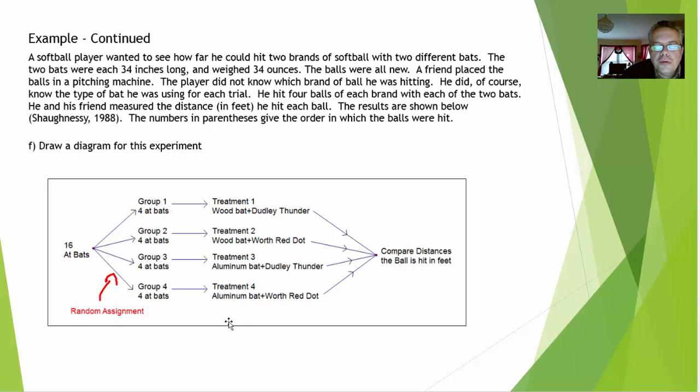So there are 4 treatment groups like we laid out earlier. 2 with the wood bat using the 2 different balls, and 2 with the aluminum bat using the 2 different balls. So we randomly assigned which pitch was going to be used. Okay, and then at the end, we would compare the different distances for these 4 treatment groups. Okay, so we'll get in the habit of writing diagrams like the one in the book.